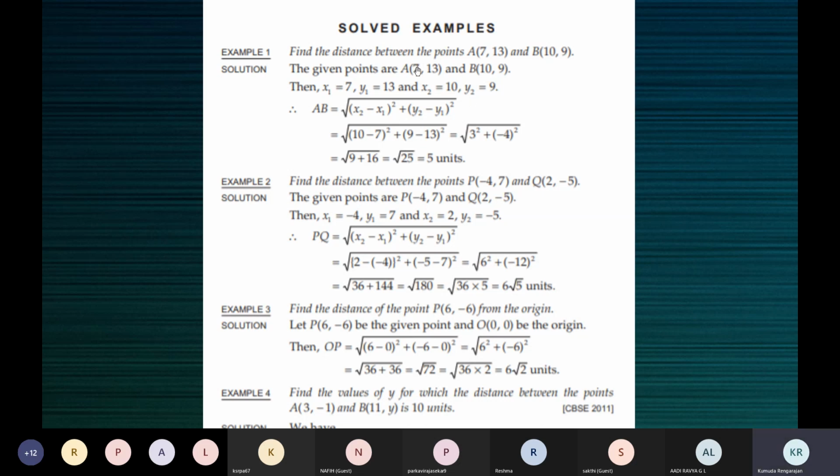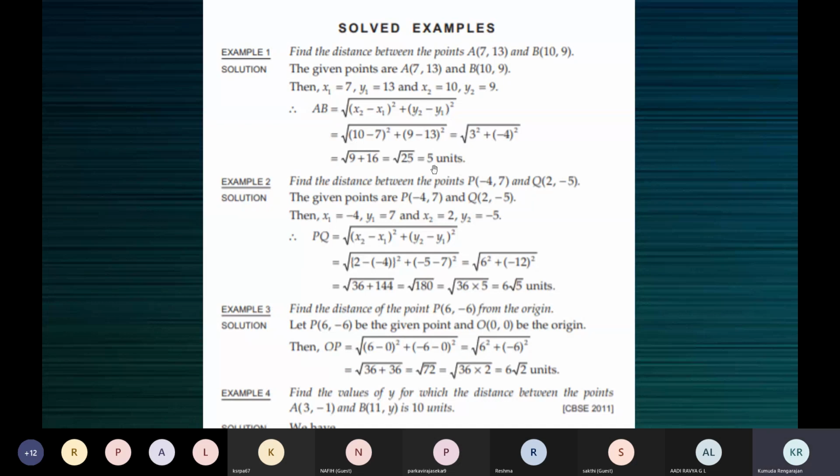This is the x coordinate of A, this is the x coordinate of B. So you can write 7 minus 10 the whole square or 10 minus 7 the whole square, any way you can write, plus 13 minus 9, the difference between the ordinates, 13 minus 9 or 9 minus 13, any order, the whole square. Square root of the difference between abscissae the whole square, plus the difference between ordinates the whole square.